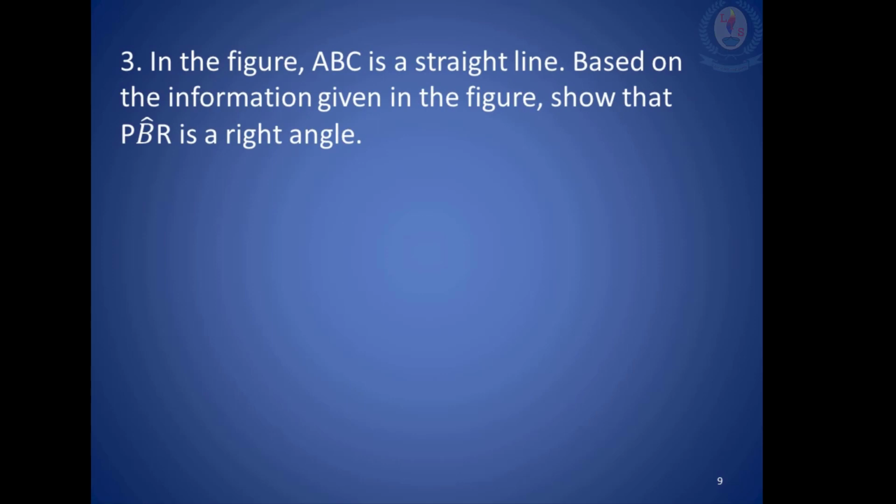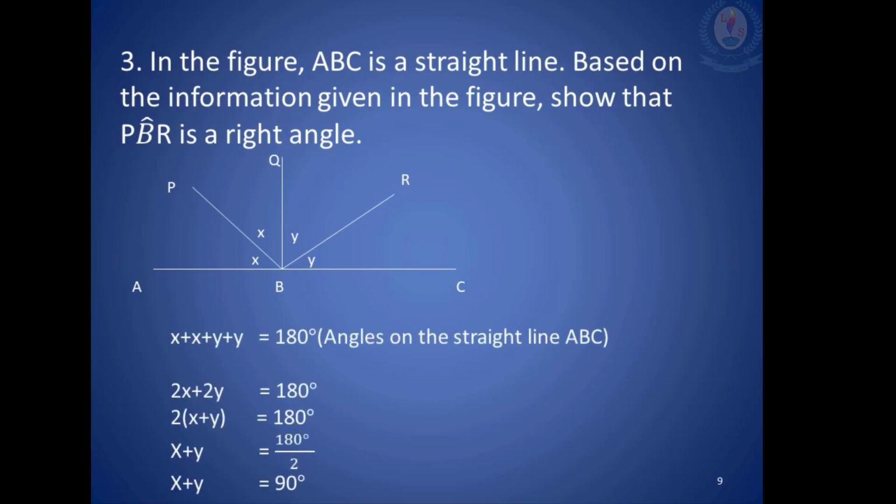Question number 3. In the figure, ABC is a straight line. Based on the information given in the figure, show that angle PBR is a right angle. We have already known the theory. The sum of the magnitudes of the angles on a straight line is 180 degrees. Therefore, we can get 2x plus 2y equals 180 degrees. Write the reason. Angles on the straight line ABC.